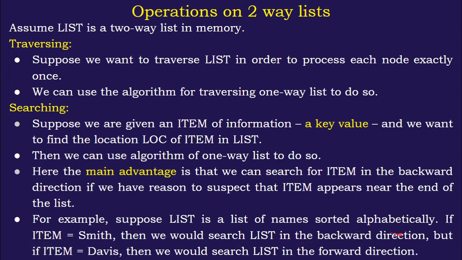Likewise, if you are supposed to search for the item Davis, we would search in the forward direction because Davis is at the start of the list, because D comes at the start of the alphabetical order and S comes in the last order. Okay, last location.